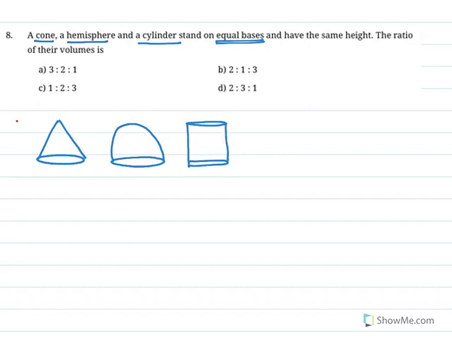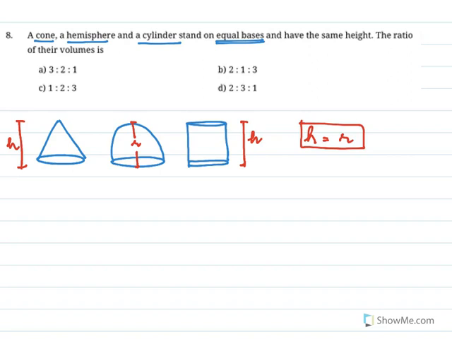Now same height means this is the height of the cone, h. Here is the height of the hemisphere, which is r. This is the radius, and this is the height of the cylinder. So if you look at this picture, you see h equal to r, and this is important.